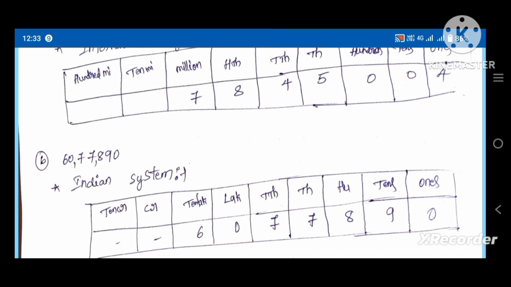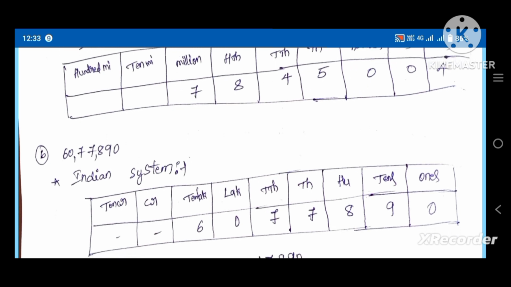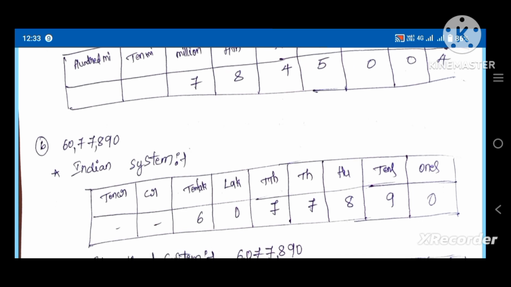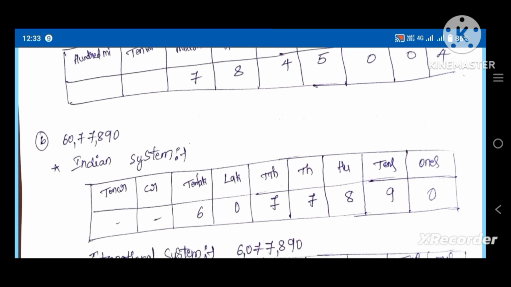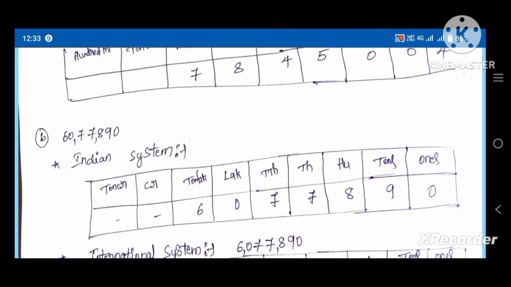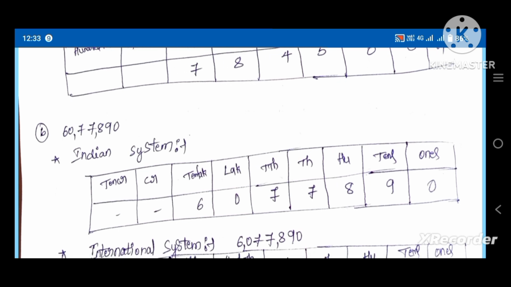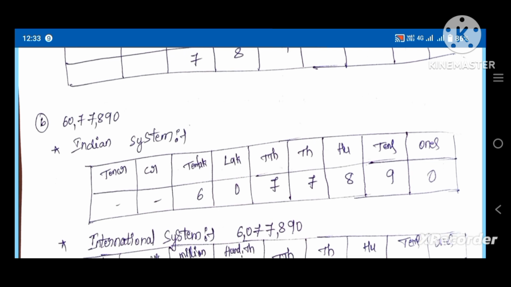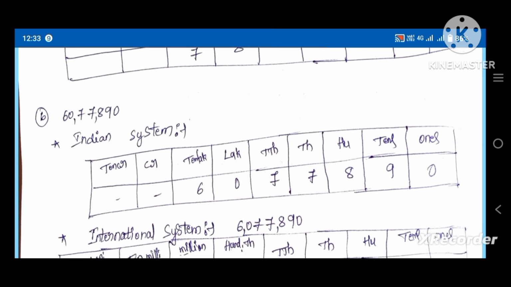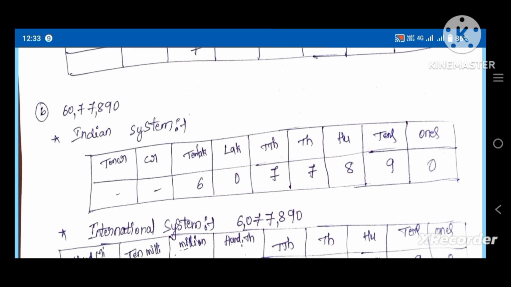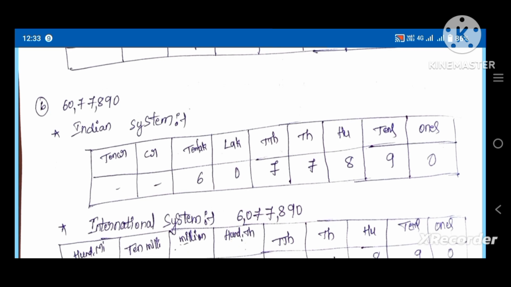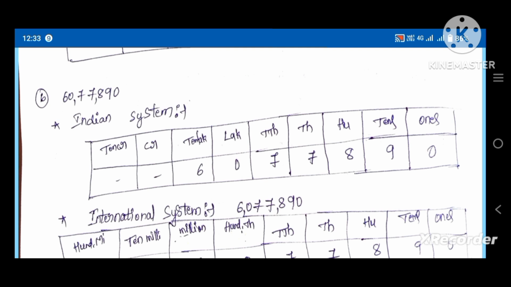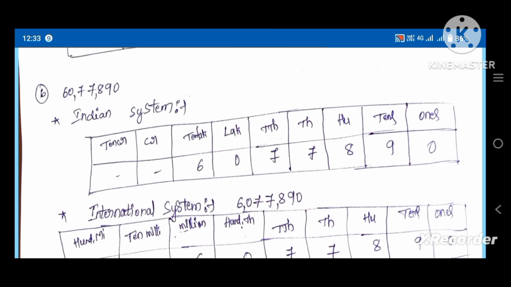B. Indian system. We put the comma after 3 digits first, next after 2 digits from the right side. 60,77,890. Ones place 0, tens place 9, hundreds place 8, thousand place 7, 10,000 place 7, lakhs place 0, 10 lakh place 6.